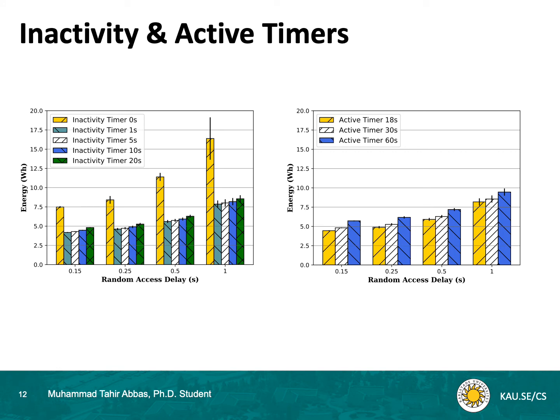Now in this slide, we will see the impact of different inactivity and active timers on the energy consumption. The graph on the left shows the energy consumed for 5 different inactivity timers, which we can see on the y-axis, and we can see the different random access delays on the x-axis. From the graph, we can say that a very short inactivity timer of 0 seconds has a huge impact on the energy consumption.